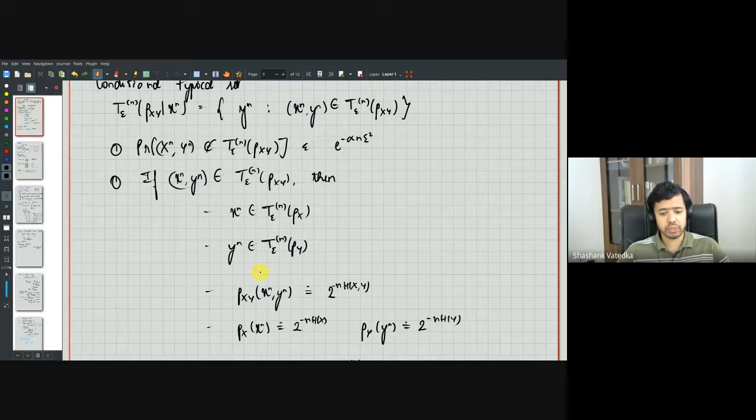So far, we're only looking at the properties of such sets, but we will use these properties to prove channel coding theorems from the next class onwards.